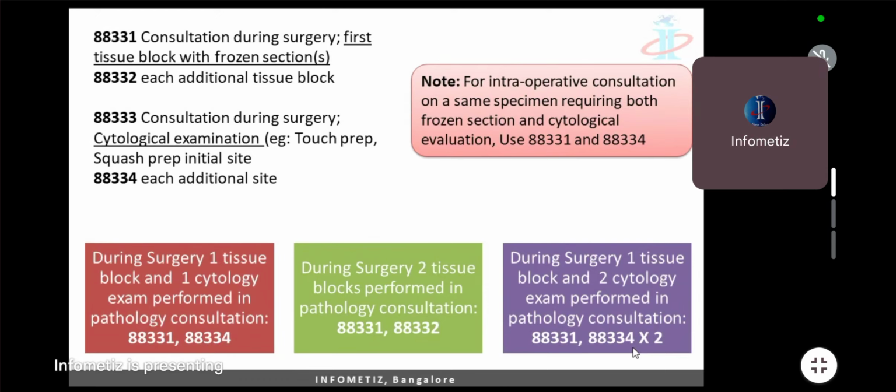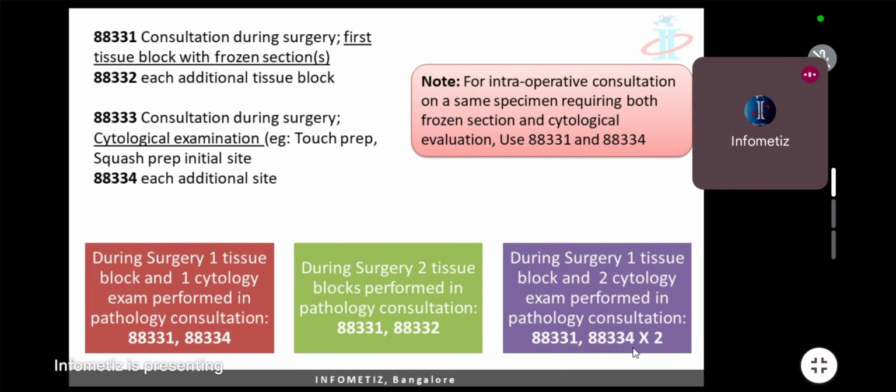I'll tell you about this one. 88331. 88332 is an add-on code, obviously, which can be coded and reported along with 88331. This is consultation during surgery, first tissue block with frozen section.